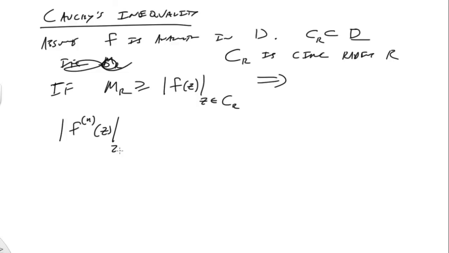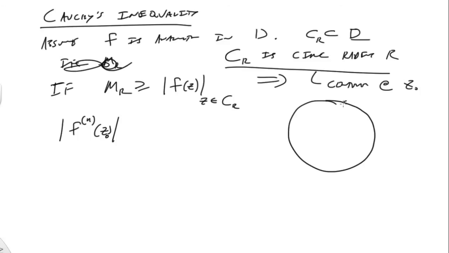I should back up here. I'm really talking about z naught. So CR is a circle of radius R centered at z naught. So what we're talking about is a circle like that. That's our contour. And it's at a point z naught. Okay?